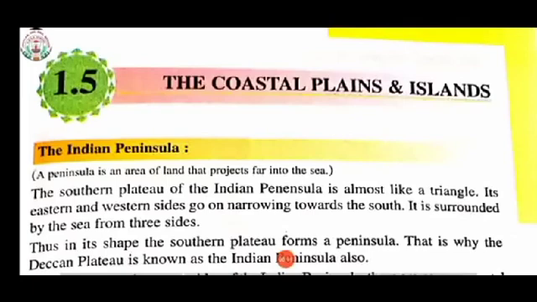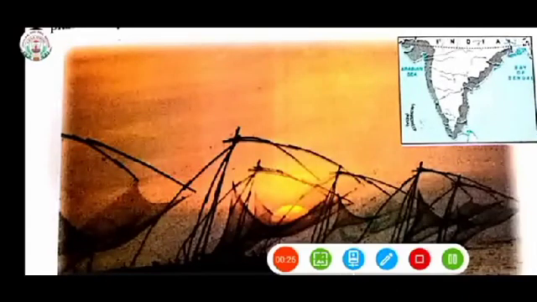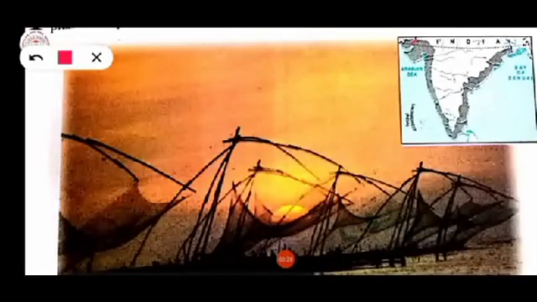Before starting our lesson, you should know what coastal plains are. So come to the map. Here you can see the India border line, that is known as the coastline of India, and the area between the ghats, that is, here the Western Ghat is there and here the Eastern Ghat is there.